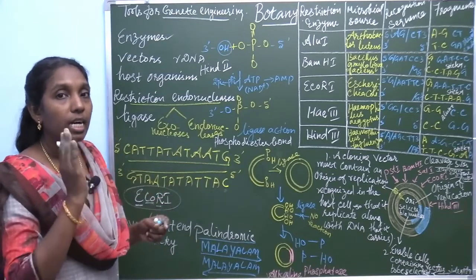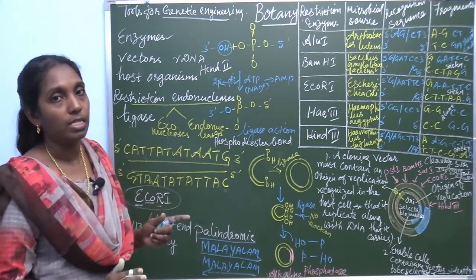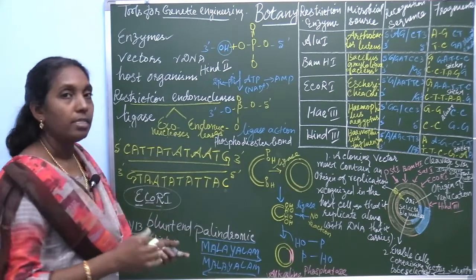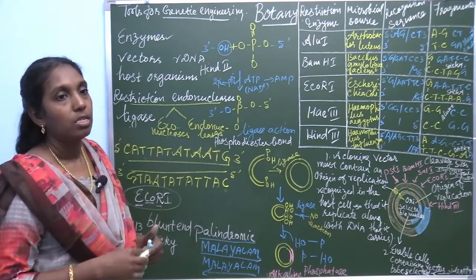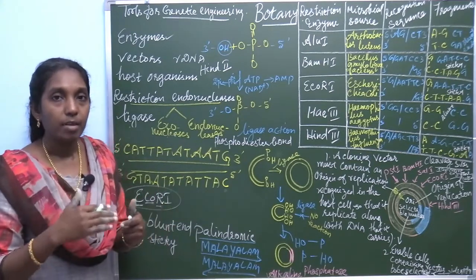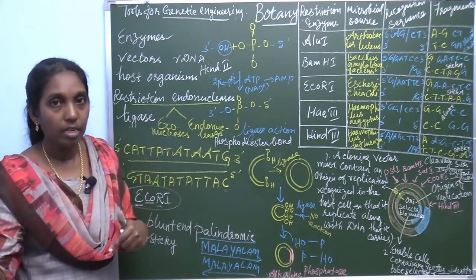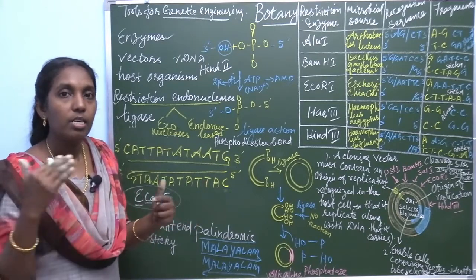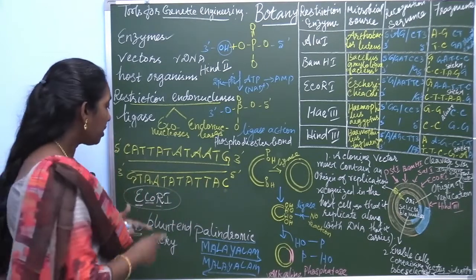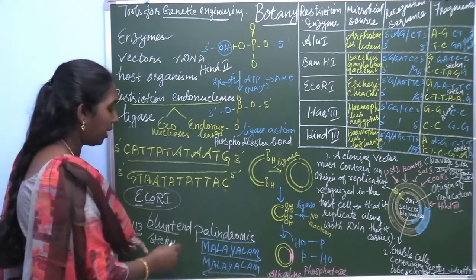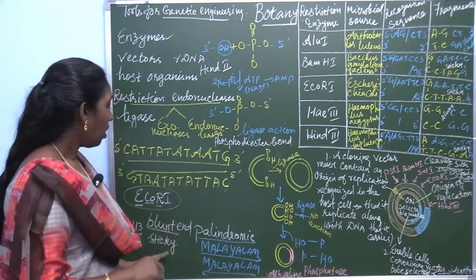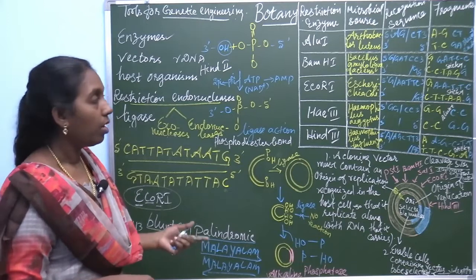A blunt end cuts in the center of the sequence, a sticky end cuts off-center. So the enzyme cuts either in the center or off the center. If it cuts in the center, it is called a blunt end or flush end, otherwise a sticky end or cohesive end.